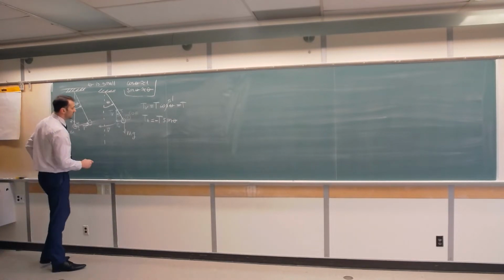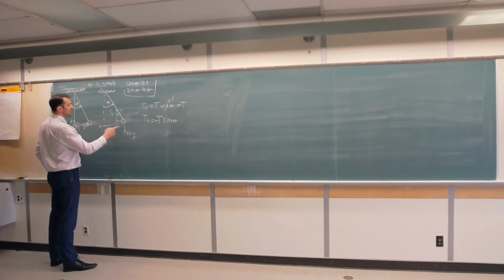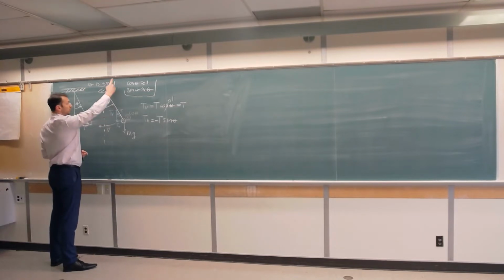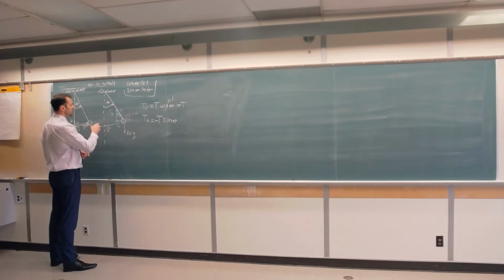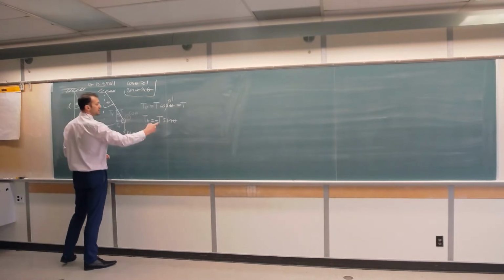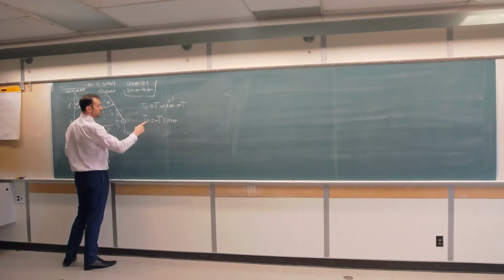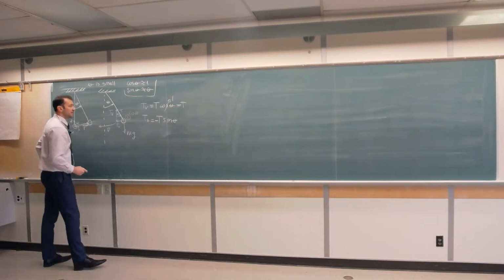Another way to explain it is that notice the relationship between tension and theta. Theta over here is positive, it's counterclockwise. Tension is in the opposite direction. So there is opposite relationship between horizontal component of the tension and theta.